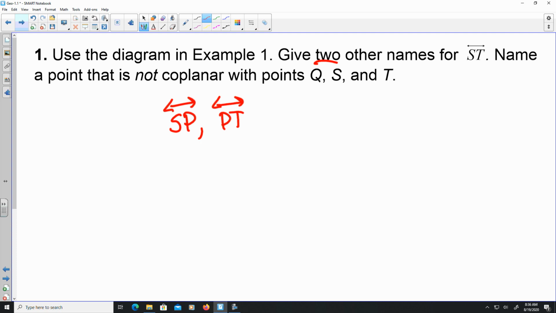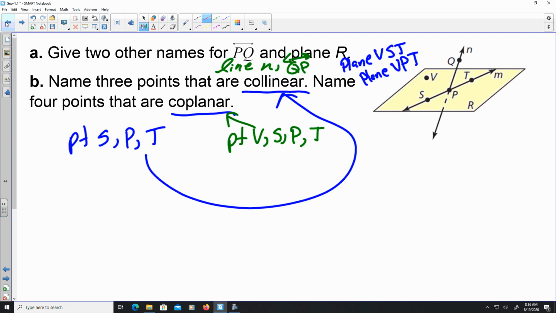And this next one says name a point that is not coplanar with points Q, S, and T. So let's look at this: Q, S, and T. This makes it a little more challenging to view because there's no plane drawn on there.